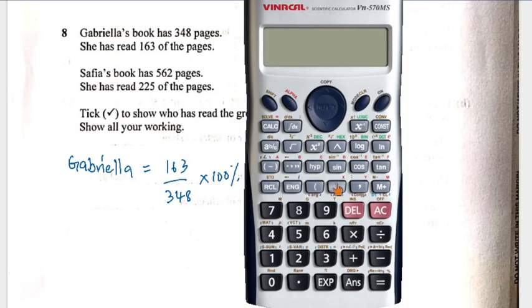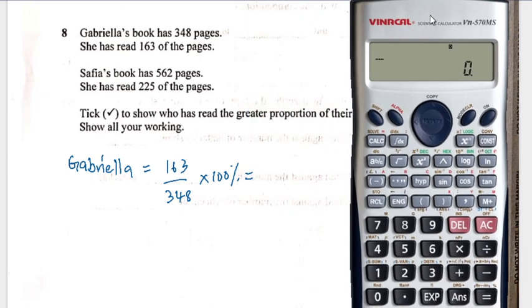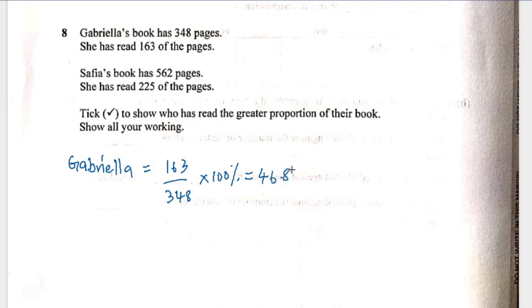Okay, so we press this one. 163 over 348 times 100%. Okay, convert to decimal. Okay, we can see here 46.8%. Okay, just round it off. So this is equals to 46.8%.